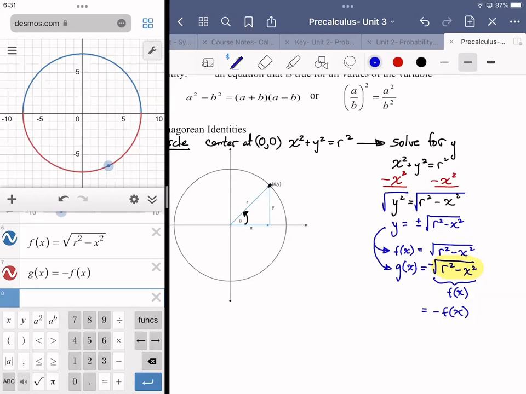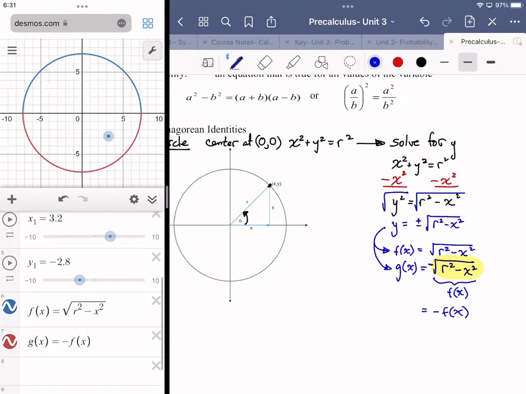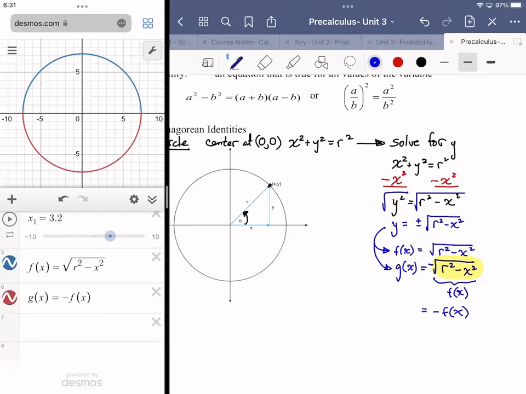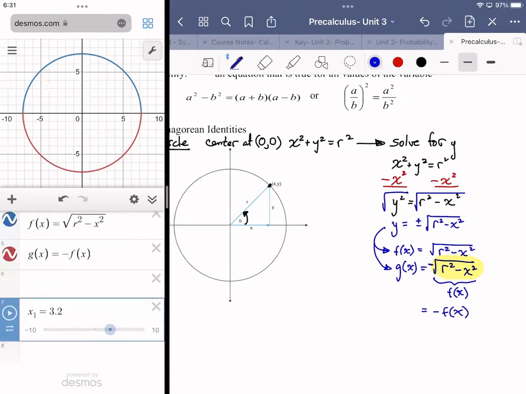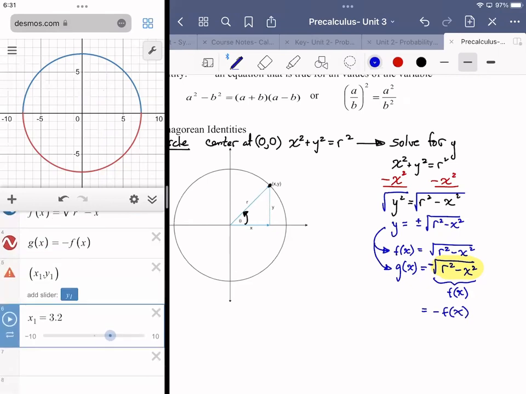But I still want to have this point living along that curve. Now that point I called x1, y1, but I could go back and call it something else. I want a coordinate that only exists on this graph, on the circle.